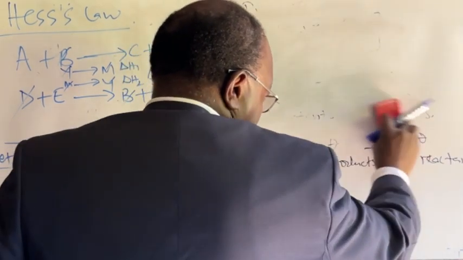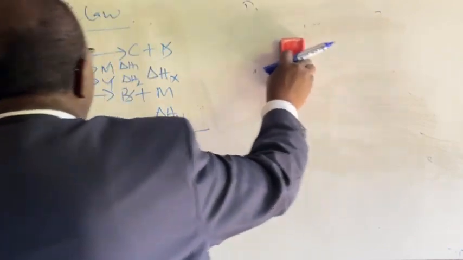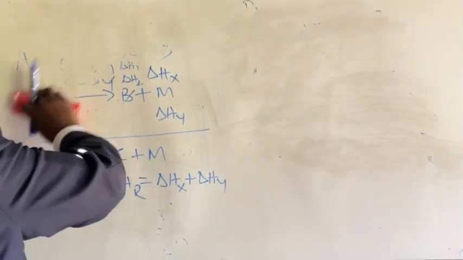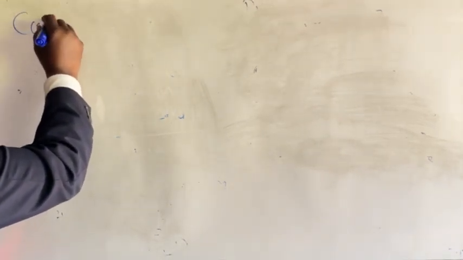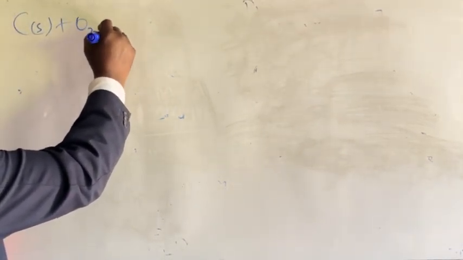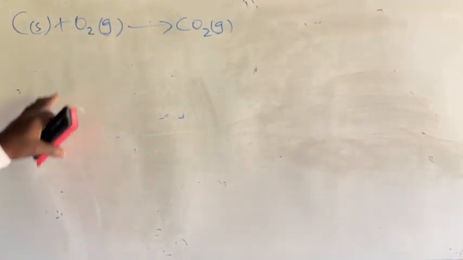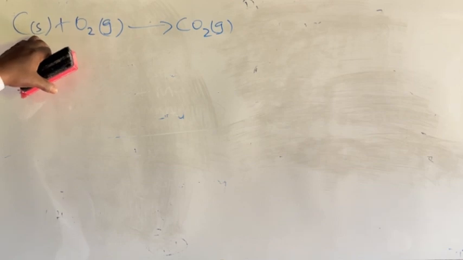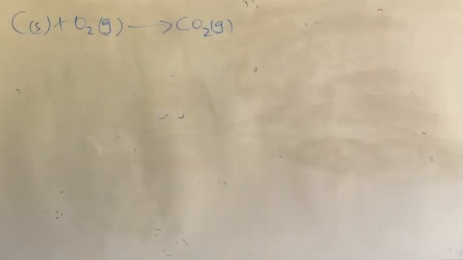Now, when you are dealing with thermochemistry, it's important that you specify the stable state of aggregation of your chemical species. For example, if you have a reaction involving carbon solid plus oxygen gas to form carbon dioxide gas, the stable state of aggregation is solid for carbon, gas for oxygen, and gas for carbon dioxide.